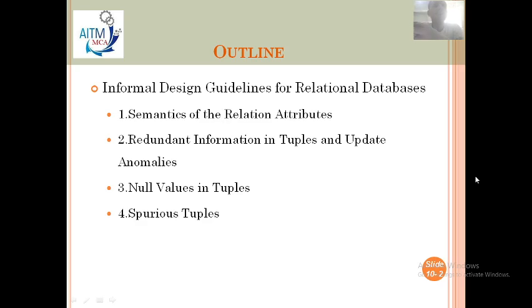Redundant means duplicate values. Same repeated information in the tuples. Tuples means rows. And update anomalies. So first we'll see what the problems are, then we'll give you guidelines for that also.